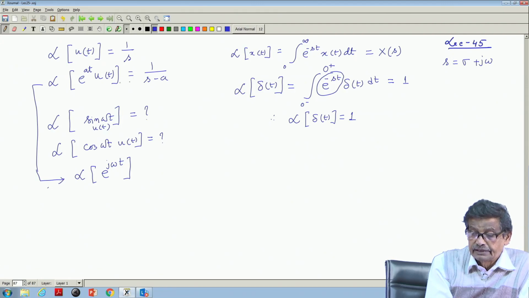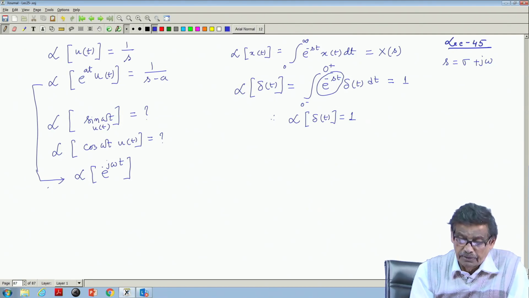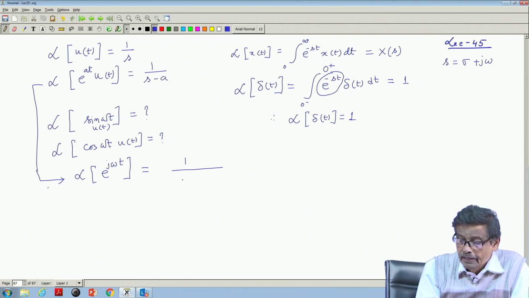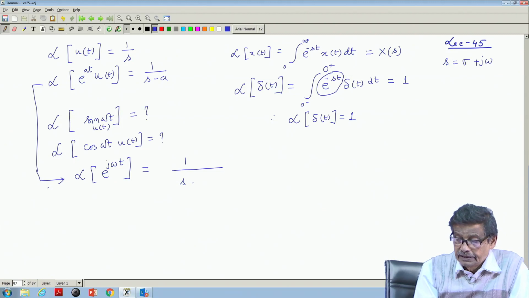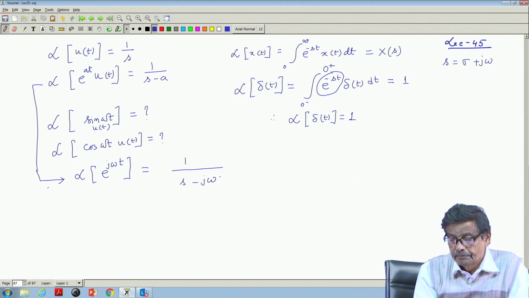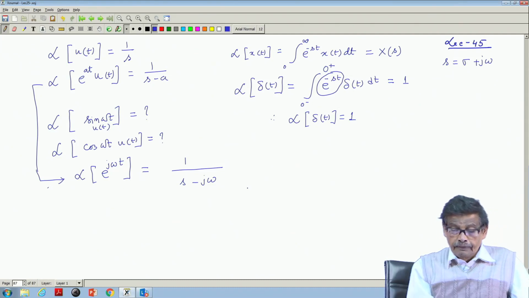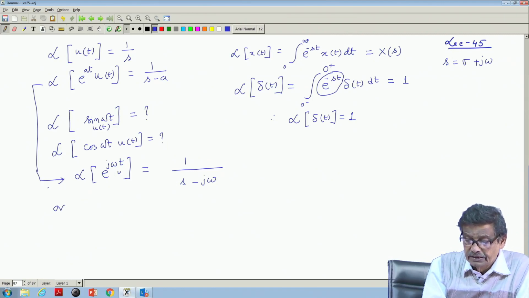Using that result, where j omega is the imaginary constant number and this is t, by virtue of this formula, the Laplace transform is equal to 1 over s minus a, that is, s minus j omega, because the value of a is j omega in this particular case.